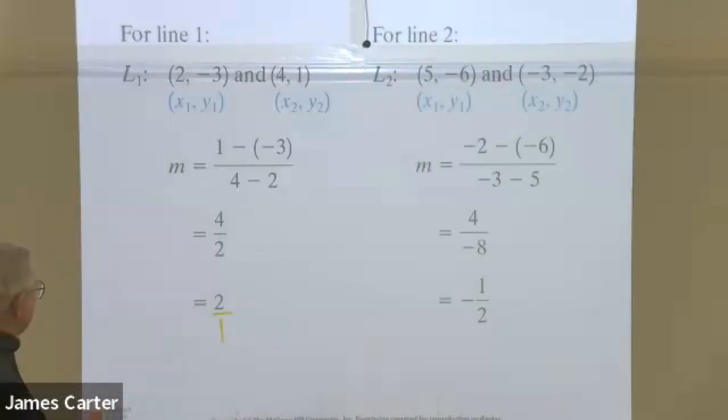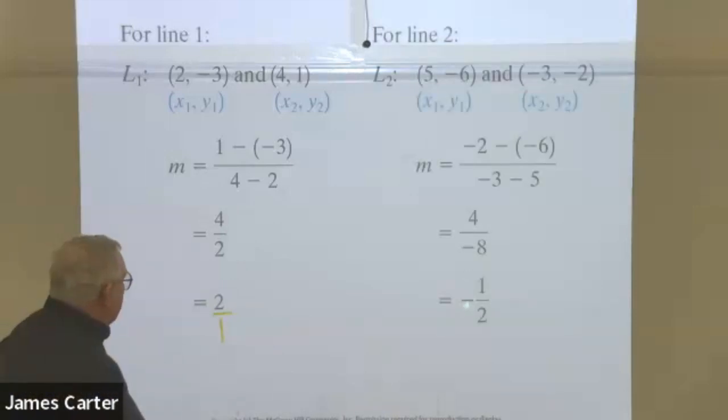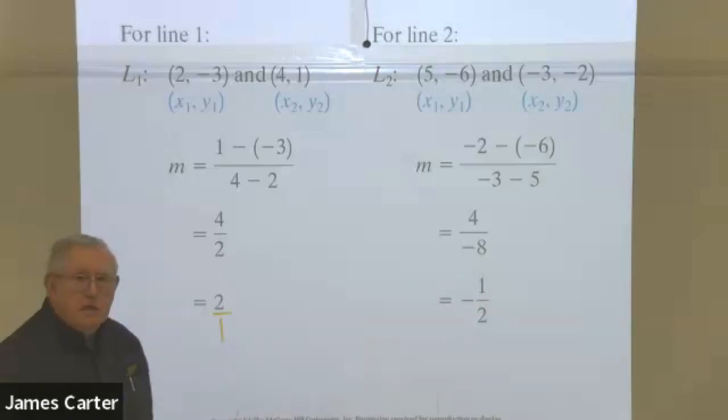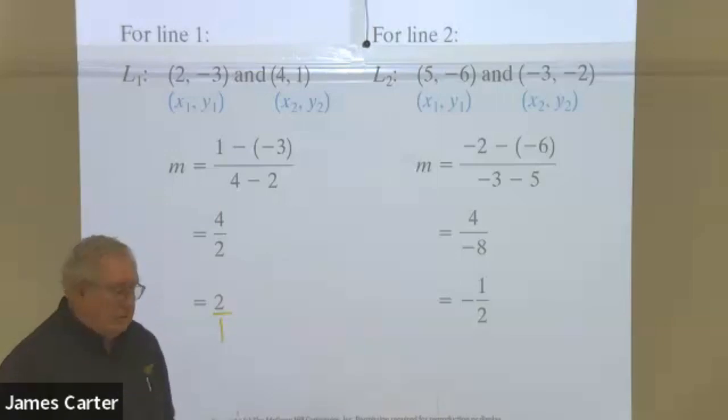Here's the second line. I get a slope of -1/2. Okay, I have opposite sign and I have reciprocal. So these two lines are perpendicular.